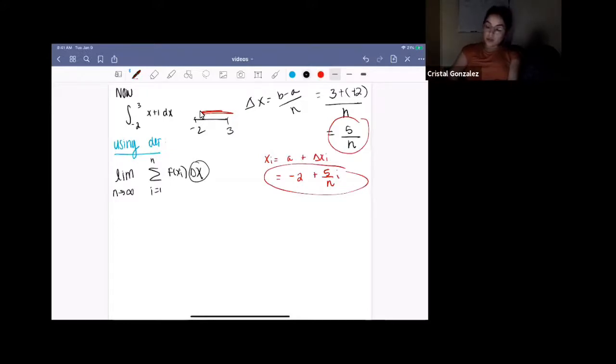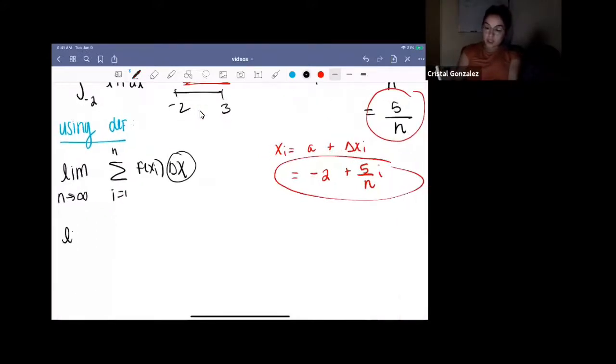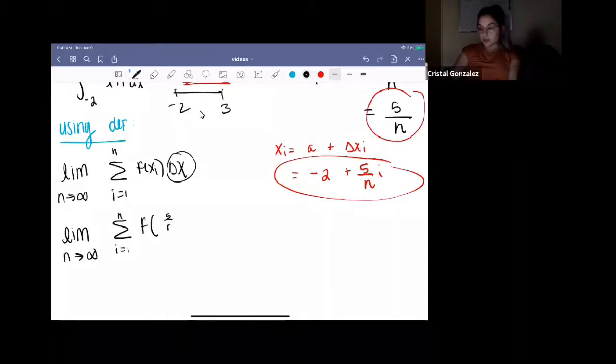So in other words, we can rewrite this definition to be the limit as n approaches infinity of the sum from i equals 1 to n of f of xi, where xi is -2 plus 5 over n times i.